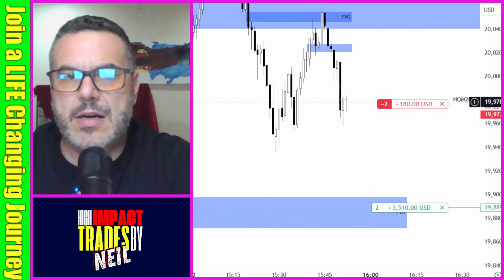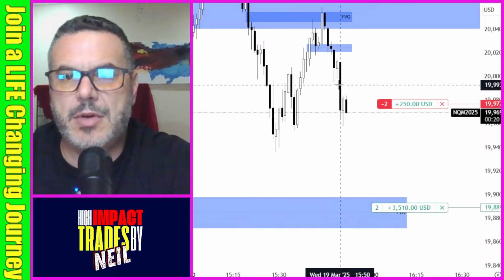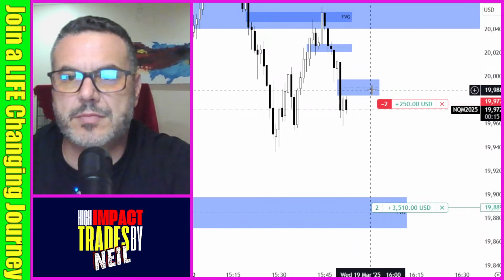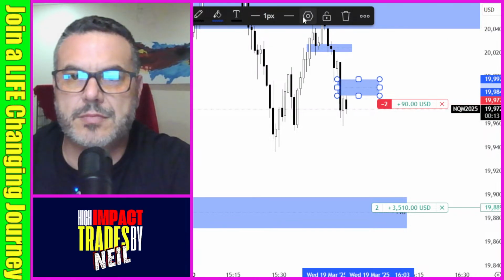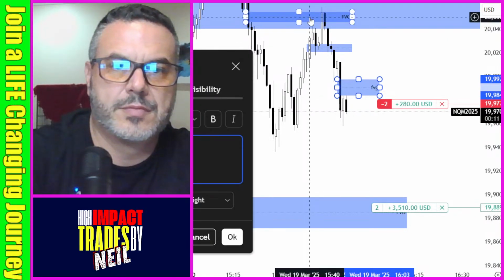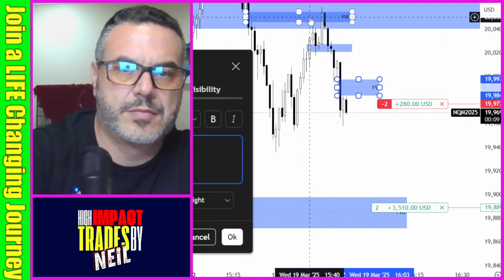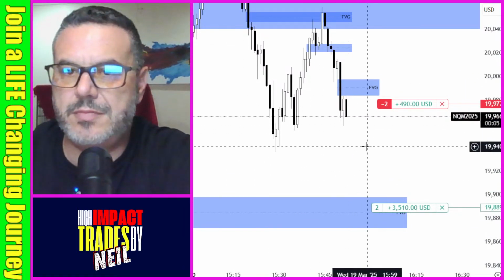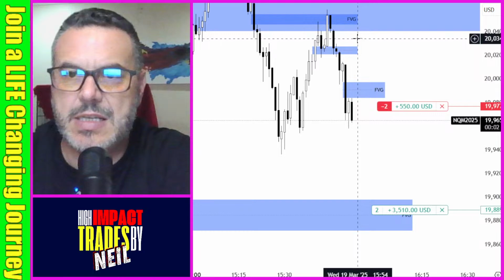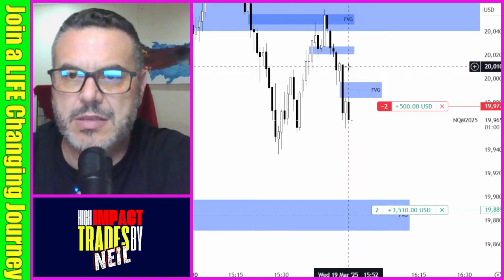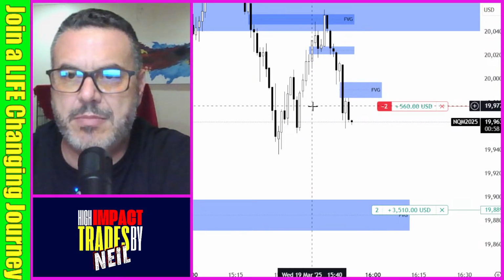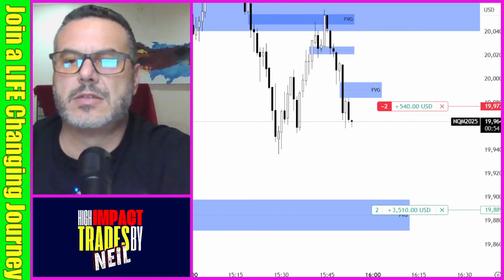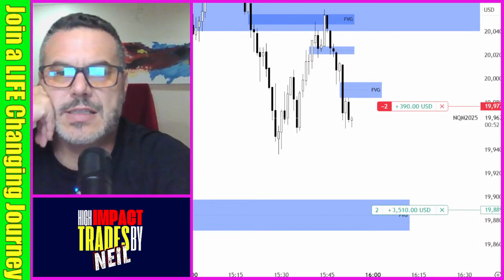I mean, we could now come and test this fair value gap. Or just drop. And again, remember what we tested yesterday. We closed below swing point and it leaves a gap. That's where you want to look to enter for that test.